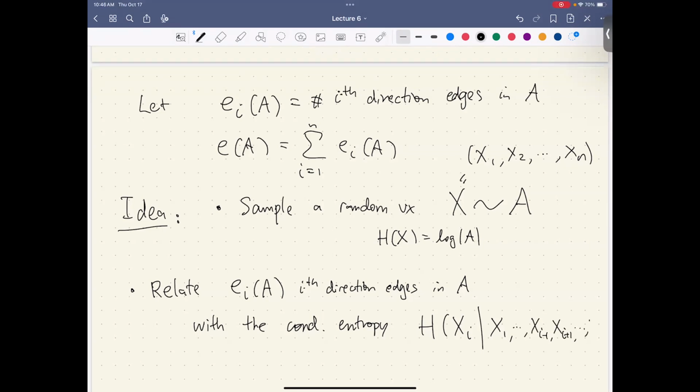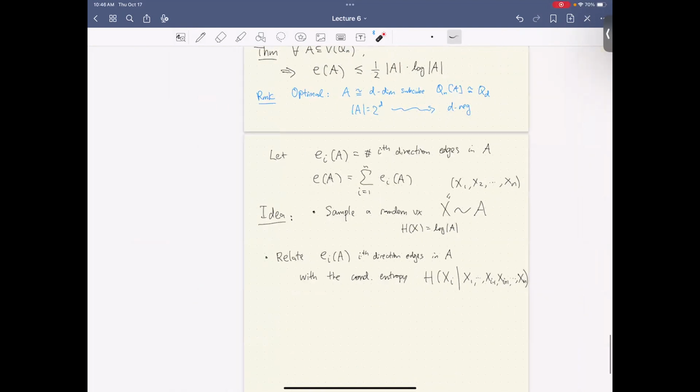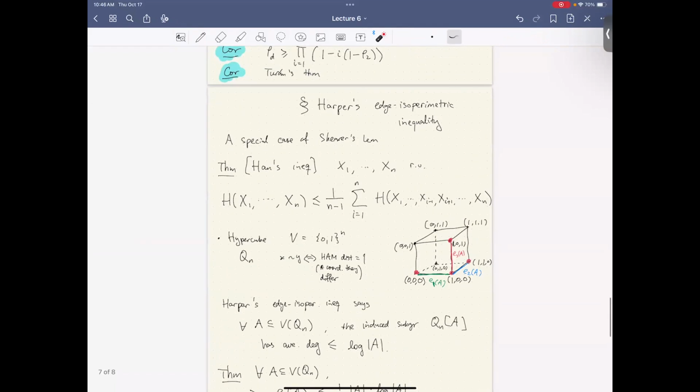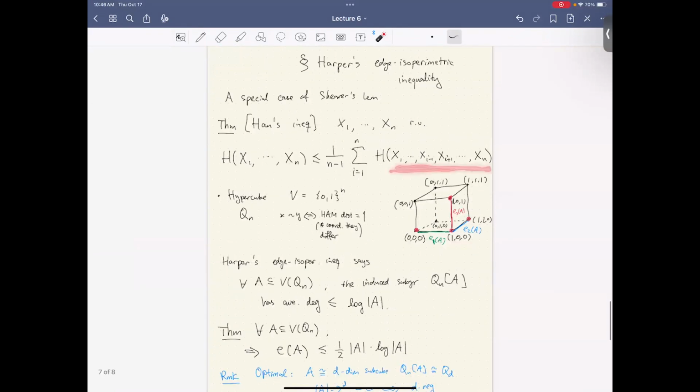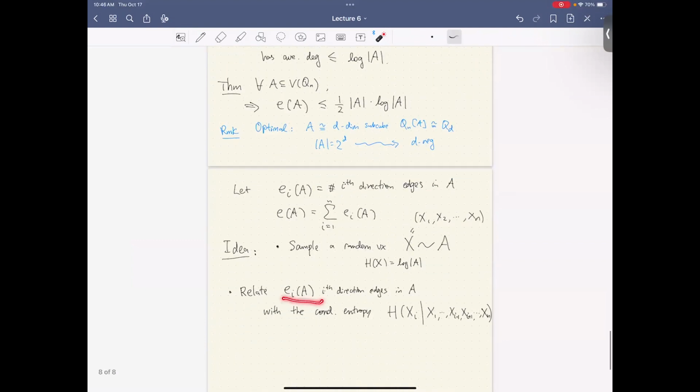Does this look familiar? This is exactly the thing in Han's inequality. We will see how we can relate ith direction edges to this conditional entropy.